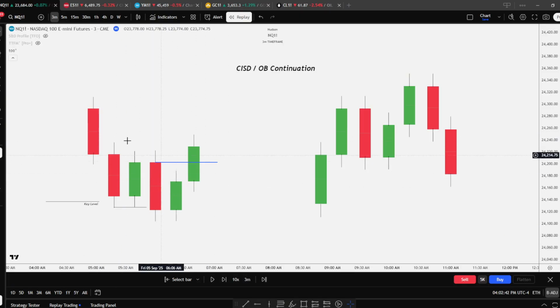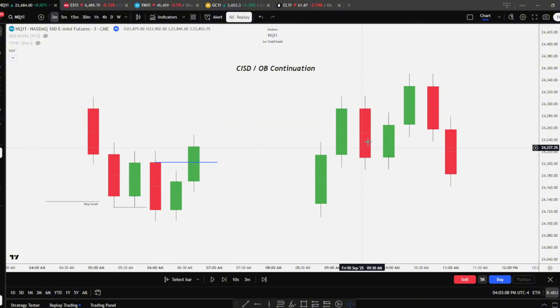The change in delivery remains the same whether it's a series or a singular candle. That's why I said if this candle closed above this, it's not your change in delivery. It has to close above the series. Now, if it's just a singular one like this here, then it's just that single candle, right? So right here, we close above it. That is our change in delivery, and that is going to be the entry model with this model.